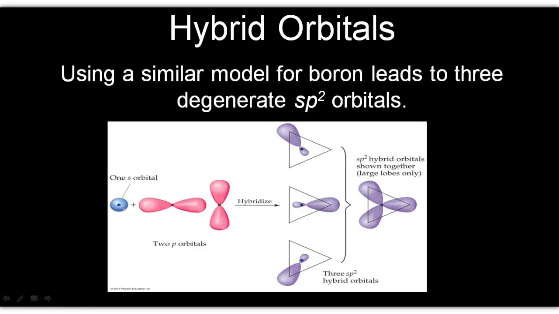So if we're at sp2, in this case, again, we have one s and two of the p's, doesn't matter which ones. You blend those together and you get three mixed or hybrid orbitals that allows it to have equal energy between these three. And because there's three of them, one s and two p's, it's sp2.